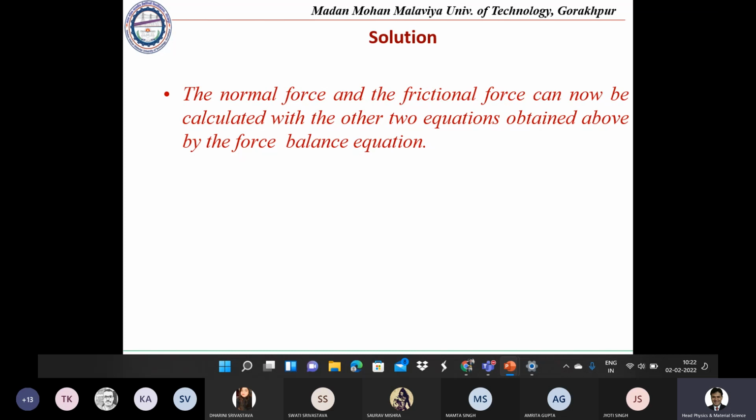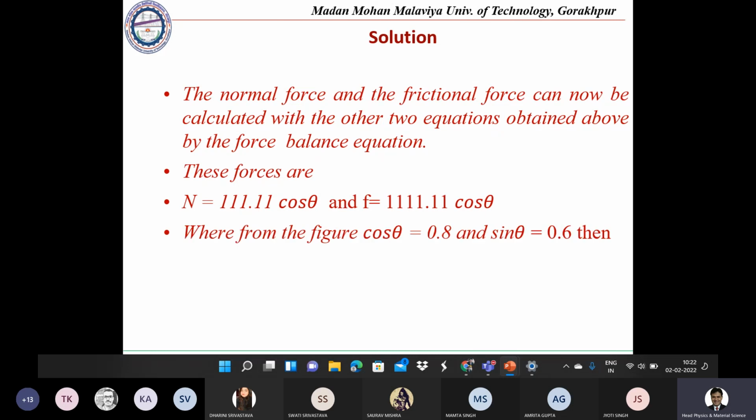and the normal force and the frictional force can now be calculated with the other two equations obtained above by the force balance equation, and we'll have N is equal to 111.11 cos theta and F is equal to 1111.11 cos theta, where from the figure cos theta is equal to 0.8 and sin theta is equal to 0.6, जो वहां ट्रायंगल बन रहा है ब्रिक की वजह से, उसकी सहायता से cos theta और sin theta की वैल्यू निकाली गई है.